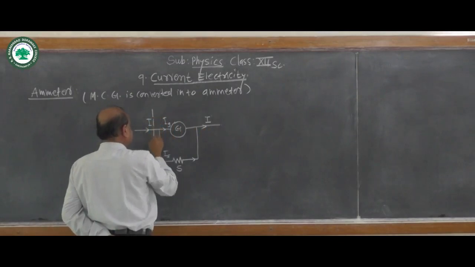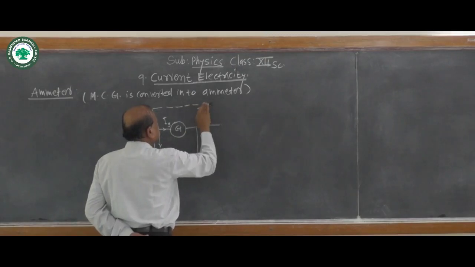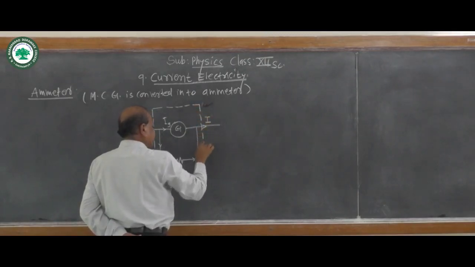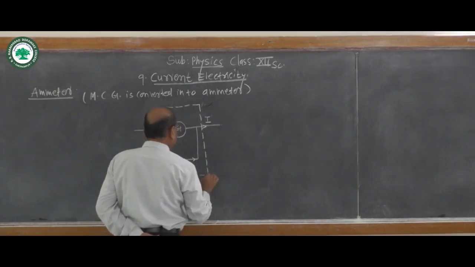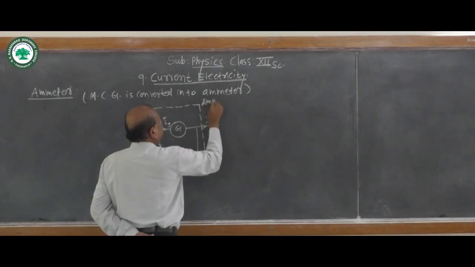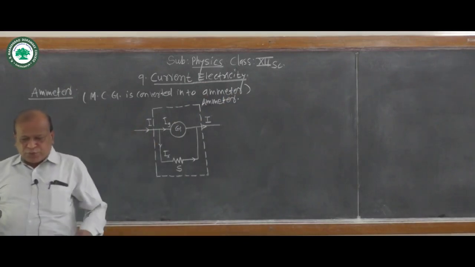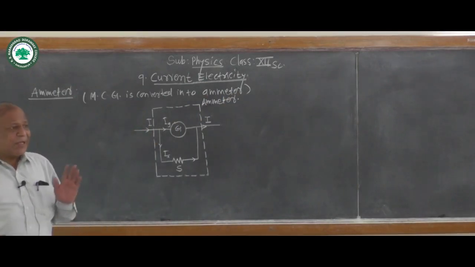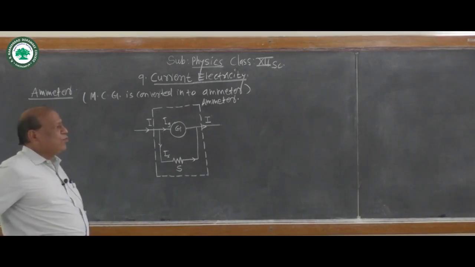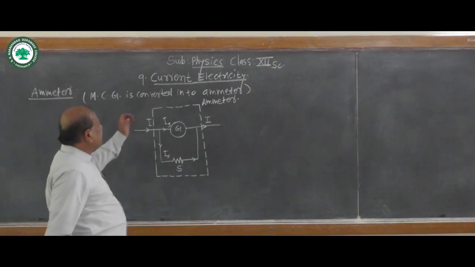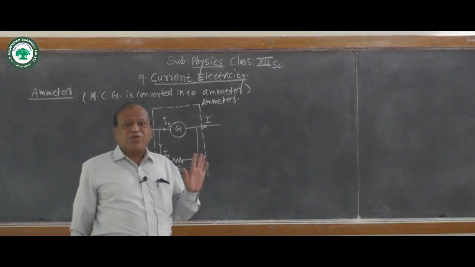Now this part is known as the ammeter. For the measurement of current, this ammeter is always connected in series to the circuit, and therefore the effective resistance increases and accurate current is not measured.